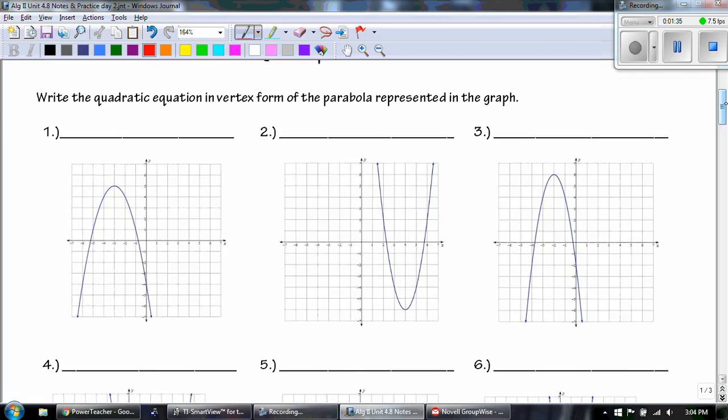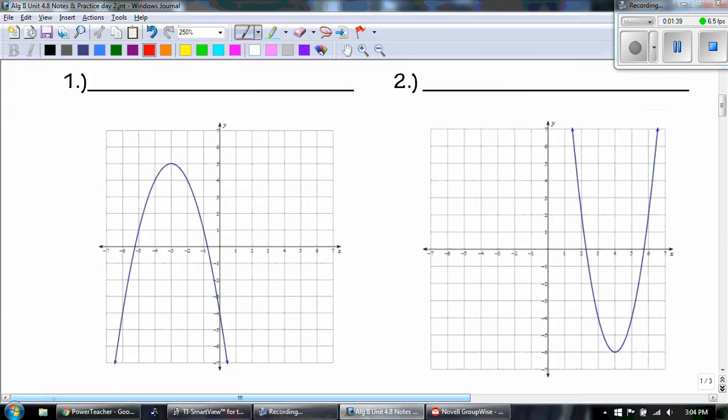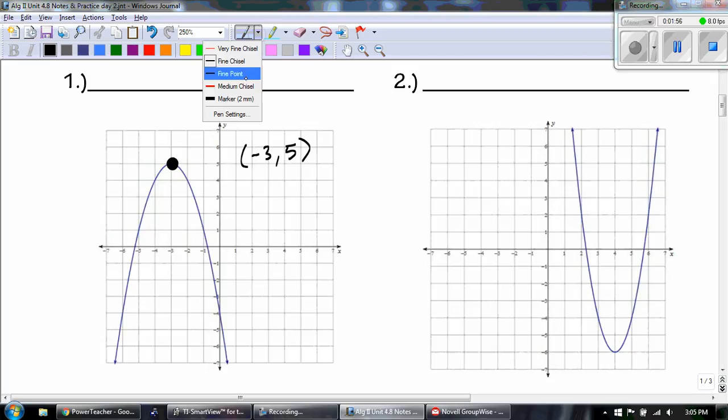All right, so let's go ahead and look at number one. So the first thing that we need is the vertex. So boom, there's our vertex. Well, that's the point -3, +5. And I'm not done yet because I need the pattern, I need the a. So how do I get from one point to the next?